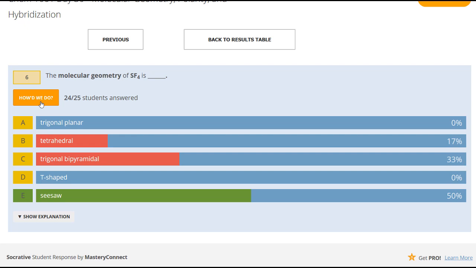So when we look at it then, we go back and remind ourselves which electrons are held most closely to the central atom? Lone pairs. So since lone pairs are held more closely to the central atom, what we'd like to do is minimize the repulsions. So in this case here, we look at where this lone pair is located. What we see is that if we want to minimize repulsions, this lone pair here is at a 90-degree angle to 1, 2, 3 other electron groups.